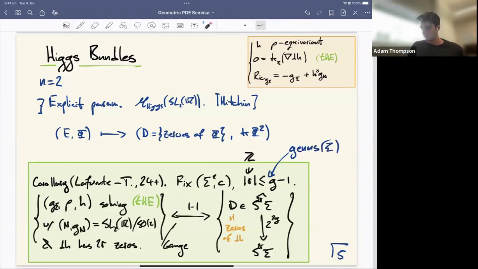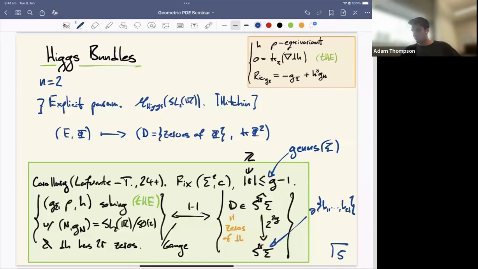Then we can say that the solutions to the twisted Harmonic-Einstein equations, in this case where the differential of H has precisely 2r zeros, are given by some covering space of the symmetric product of sigma with itself. You can think of the symmetric product of sigma with itself 2r times as follows: a point in this is just a subset of sigma with 2r points.